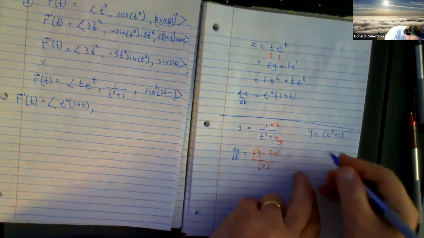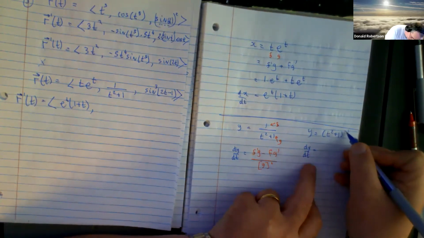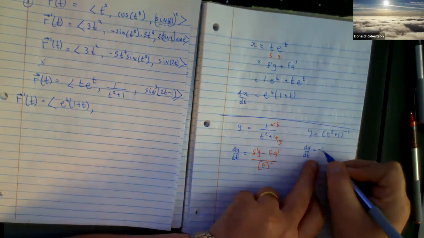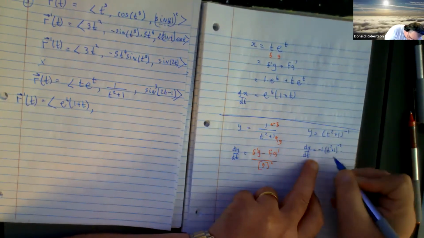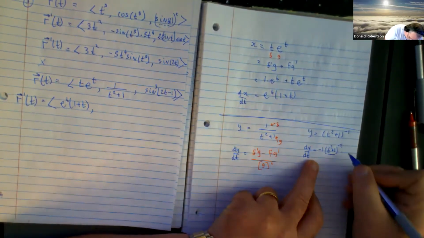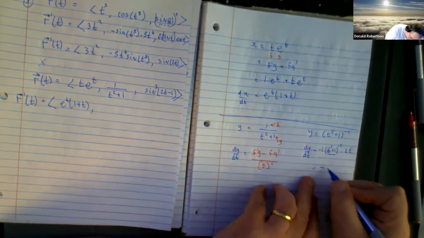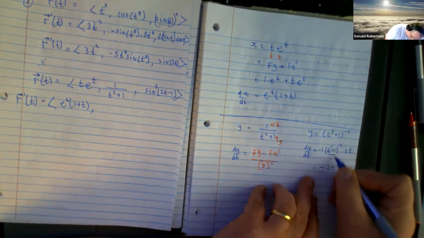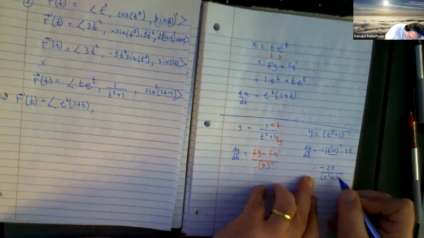So let's look at this one. Multiply by the power, reduce the power by 1, times the derivative of the inside function, which is 2t. Then make it look pretty. Negative 2t, and bring that guy downstairs as t squared plus 1 squared.